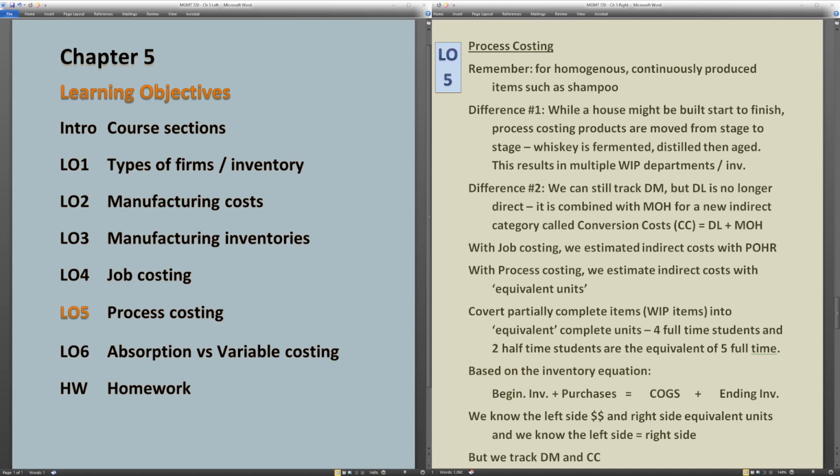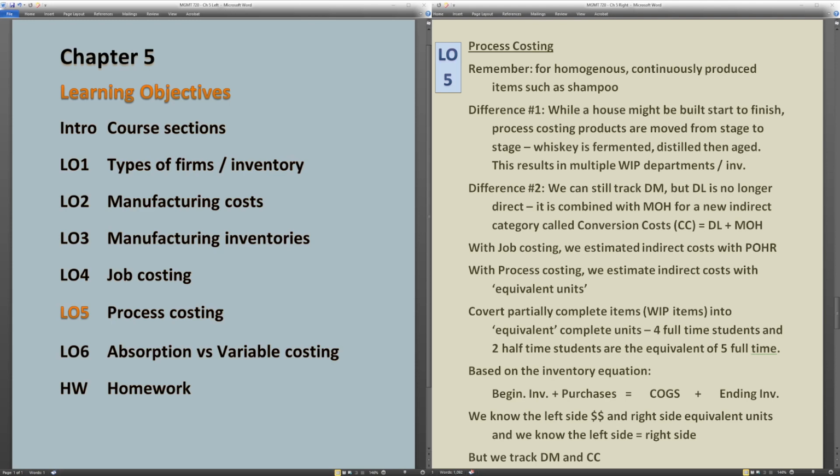And then when it's all distilled, you move it to the aged, in the cask stage. Now, I know there are other steps in this whole process, but the idea is that you're moving a batch of items from step to step. You're not making one bottle from start to finish. You're making a whole set of bottles or a whole batch in stages and moving them through the stages.